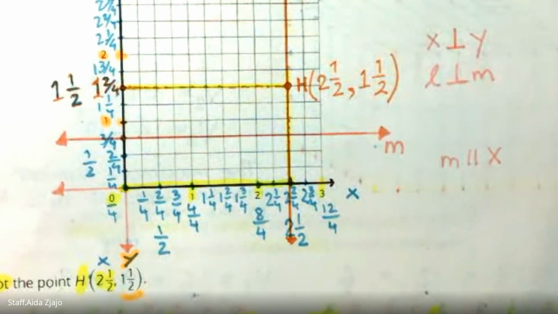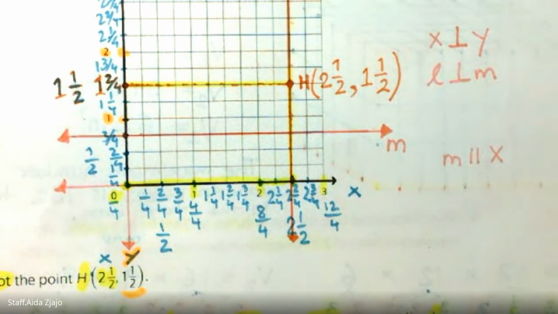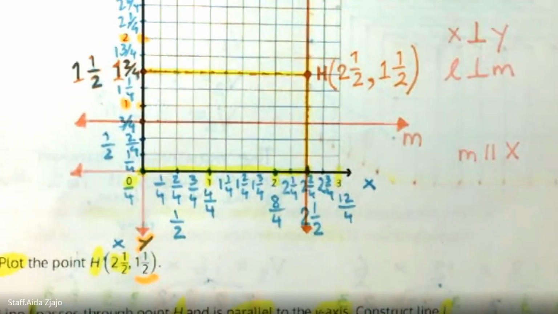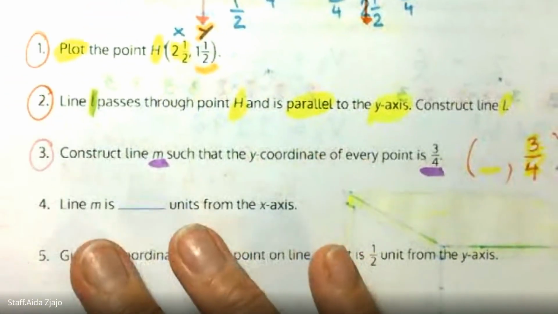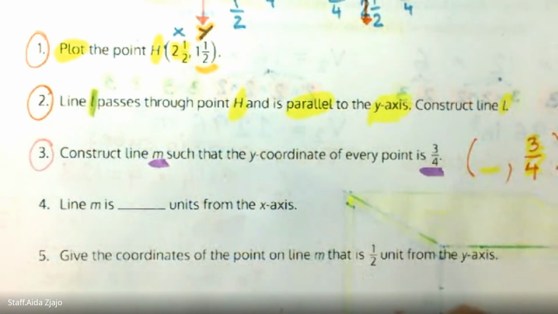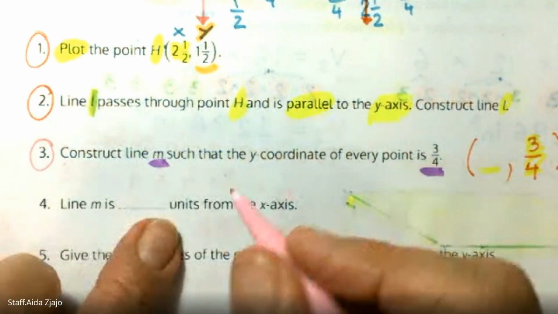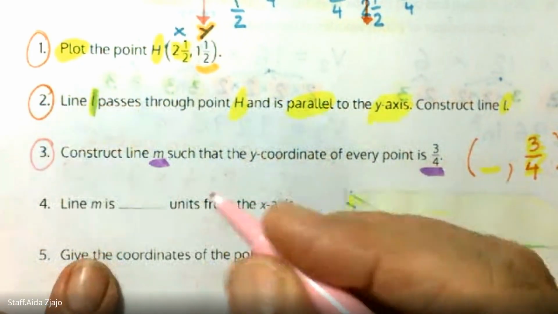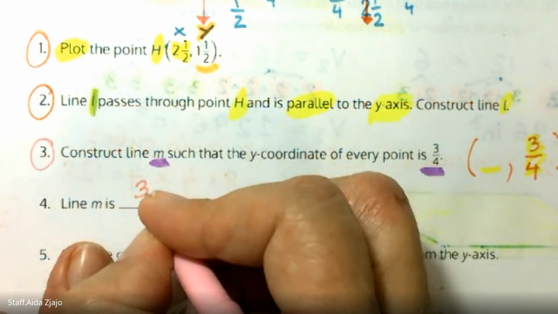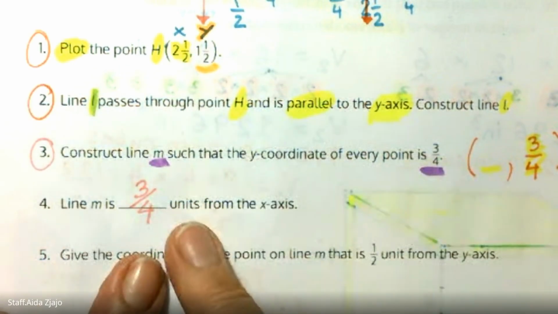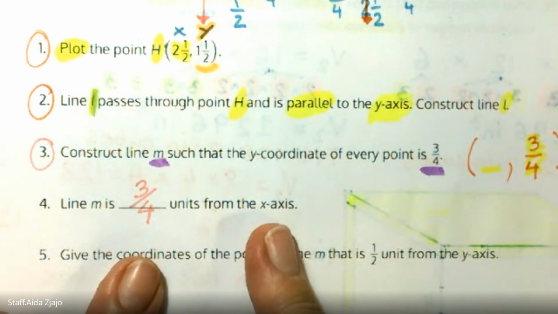Okay, we did construct M. So next, line M is 3/4 units from the x-axis.